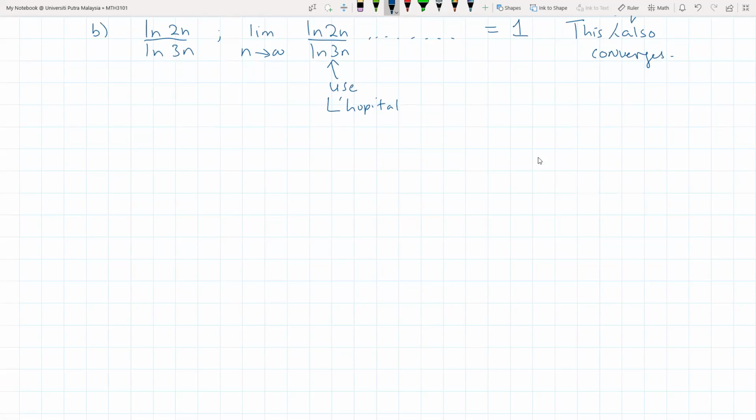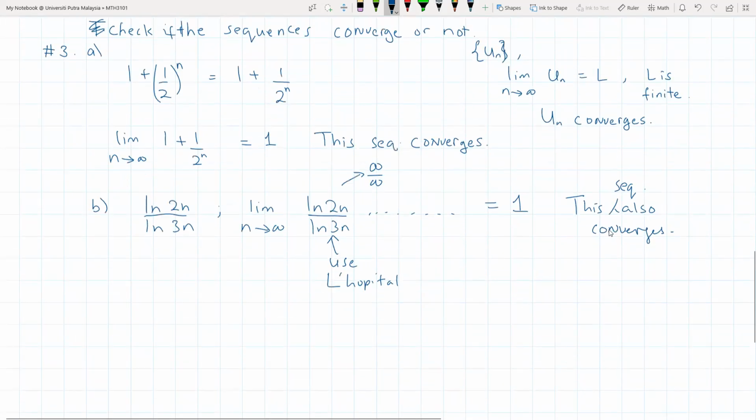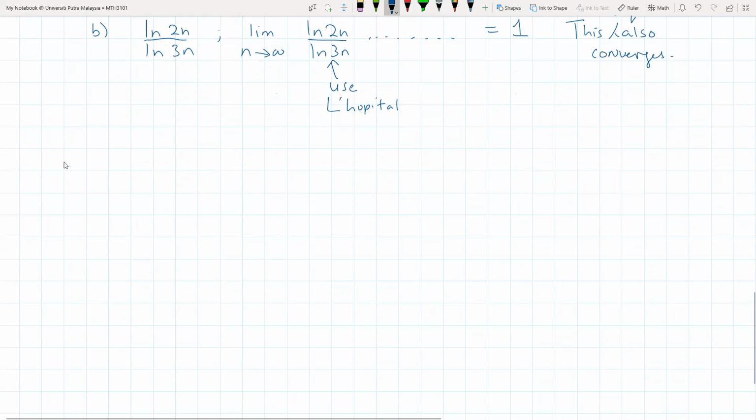Okay, another one. Let's try to apply the exponential to find whether or not the sequence converges. For example, in number 5, in the same tutorial, it was given that the limit as n goes to positive infinity of (1 plus 1 over n) to the power of n equals e.